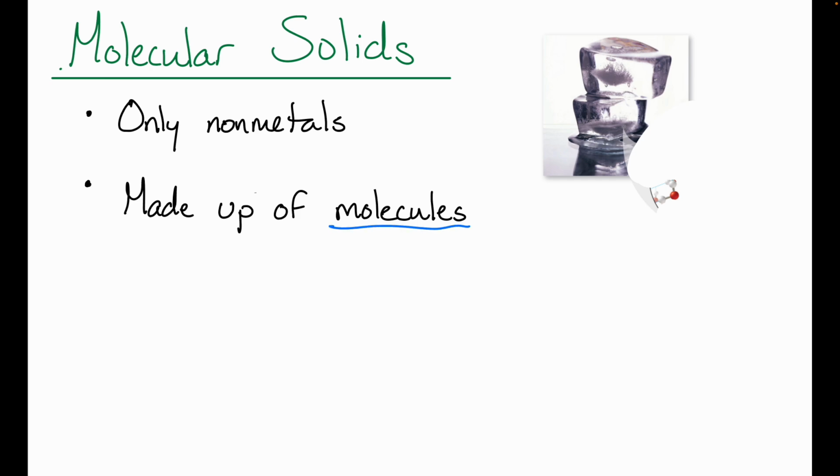And remember, our molecules are covalently bound clusters of atoms. All right, that's what a molecule is. Think of a molecule of H2O. It's hydrogen and oxygen, and those hydrogens are covalently bound to those oxygens, right? So these are these little building blocks that make up our molecular solid, all right?